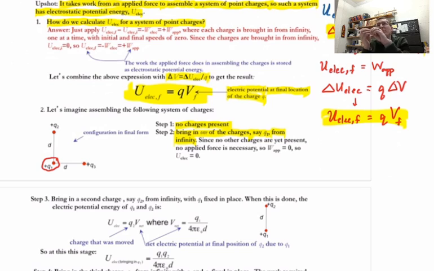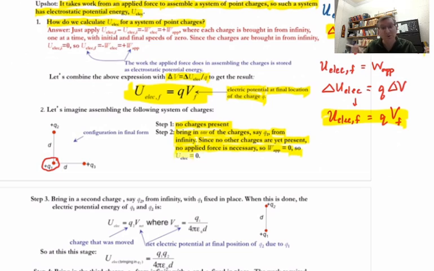Yes, I have to speed it up from rest and slow it down to stop it, but there's nothing continually tugging on it that I have to overcome. Since no other charges are yet present to be tugging on particle 1, I don't need any net work to do it. W applied is 0.